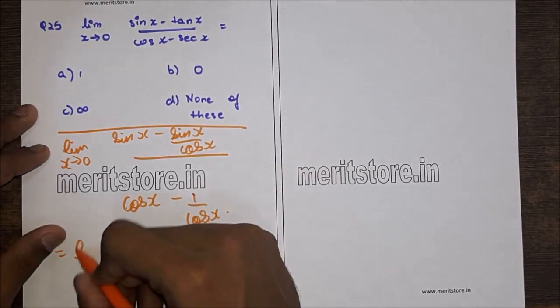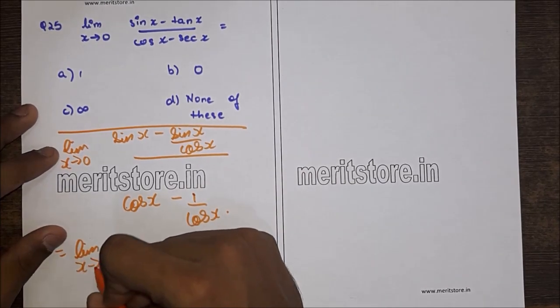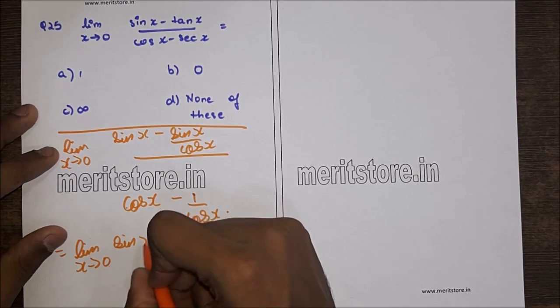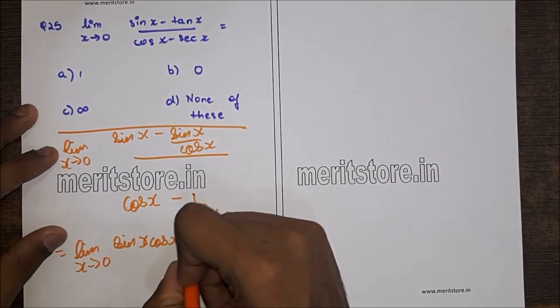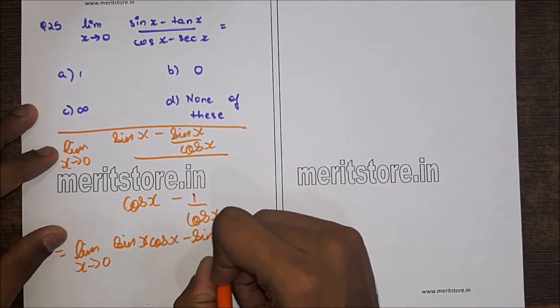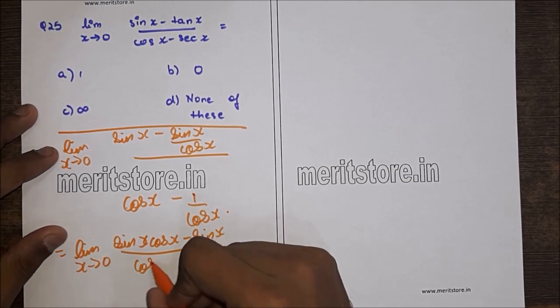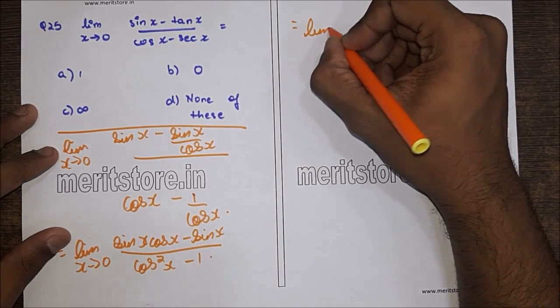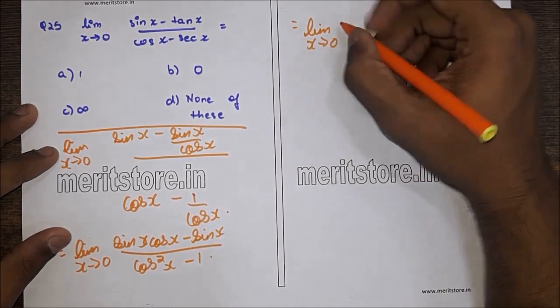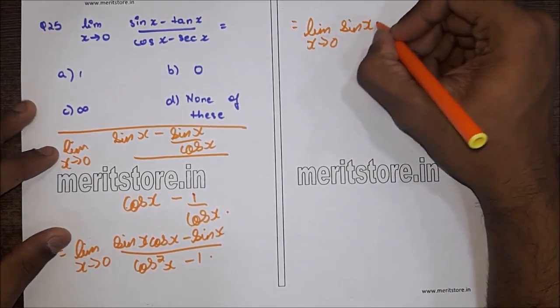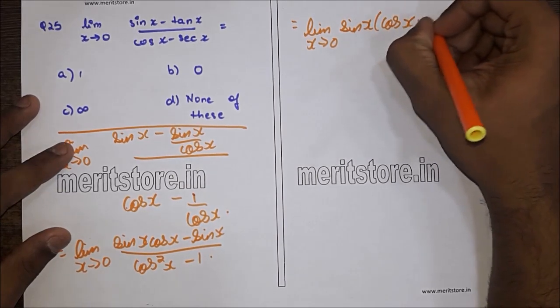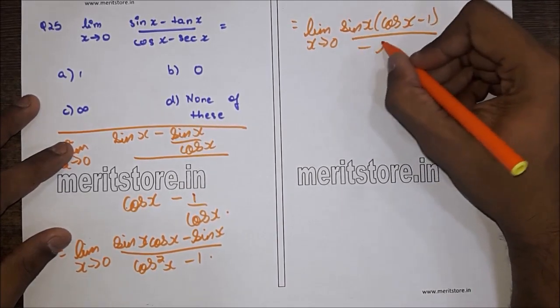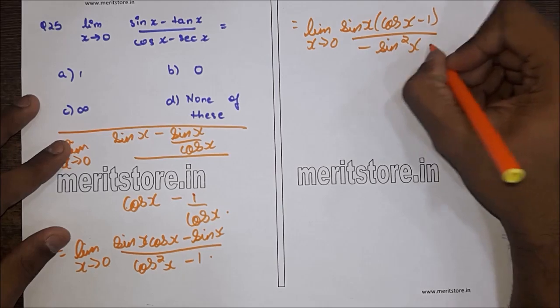That gives us (sin x cos x − sin x) upon (cos² x − 1), which equals (sin x (cos x − 1)) upon (−sin² x).